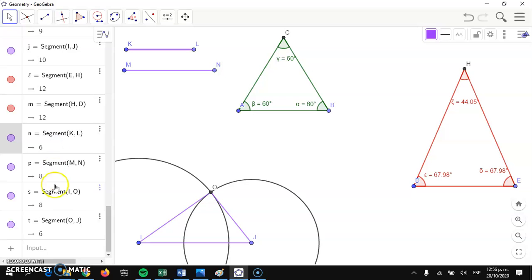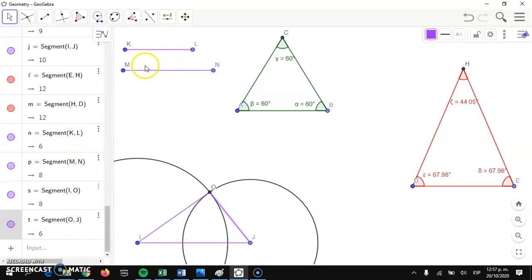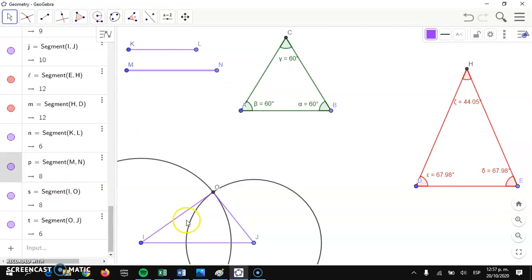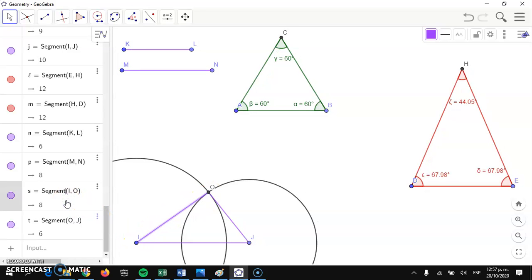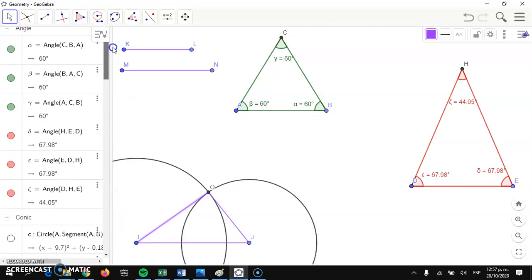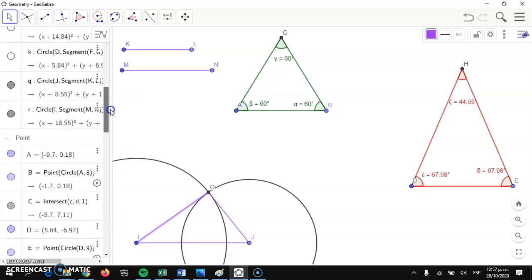I'm going to point out this and this one. They have the same length. And also the MN that has a length of 8 is in here. It's the same length as OI or IO, which is the same. So now what we're going to do is to remove our circles. And finally, we're going to measure the angles.